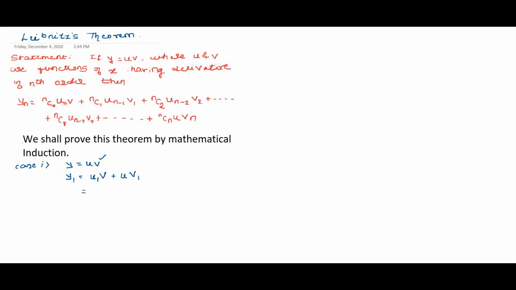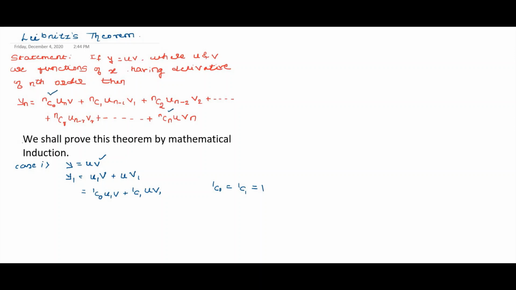And the same term we can also write as 1C0 u1 into v plus 1C1 u into v1, because 1C0 is equal to 1C1 is equal to 1. Where if you see the formula, it starts with nC0 and ends with nCn.